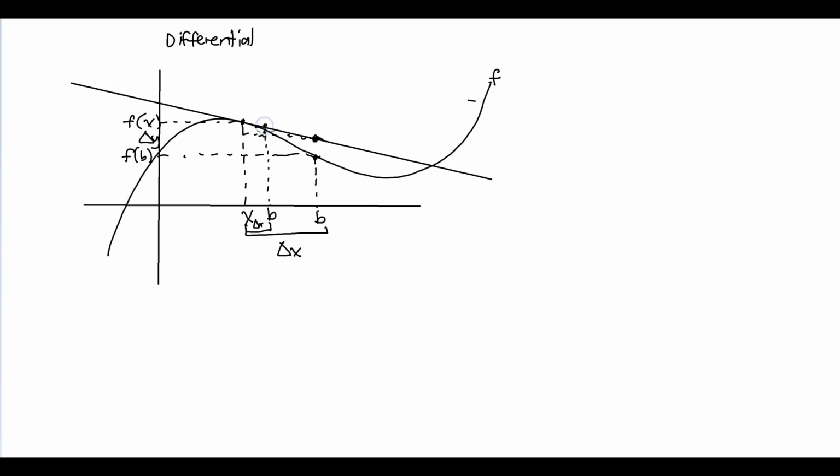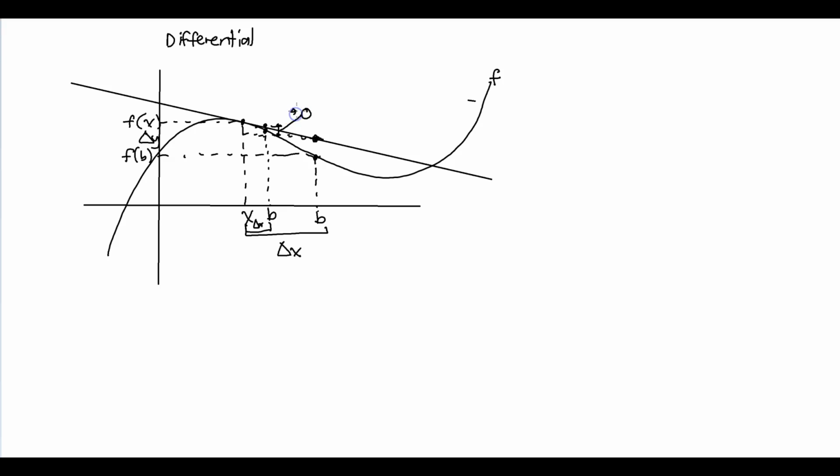And because the tangent line approximation gets better and better and better as you get closer to x, the point of tangency, then our approximation for the change in y becomes better and better. Because look, the distance between the tangent line and the actual function starts to approach 0. Okay, so it gets closer and closer to aligning.